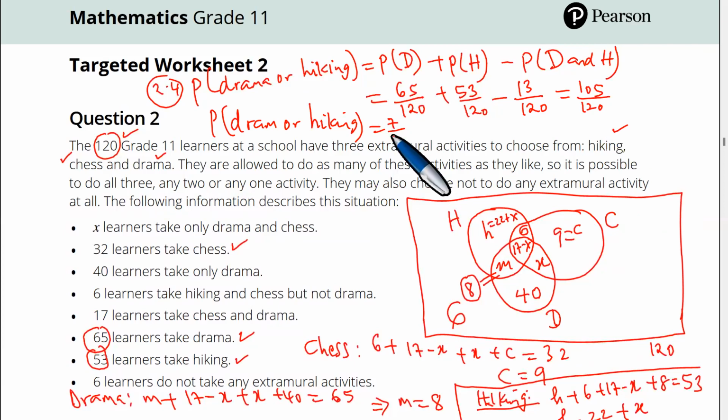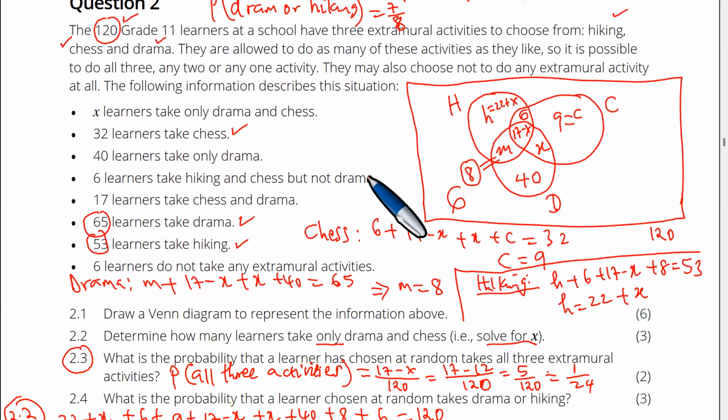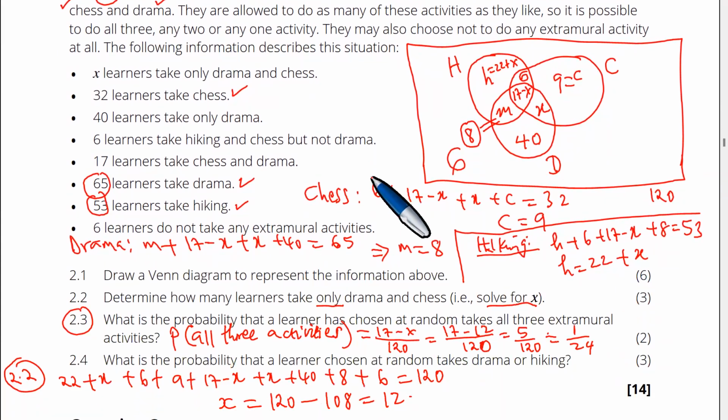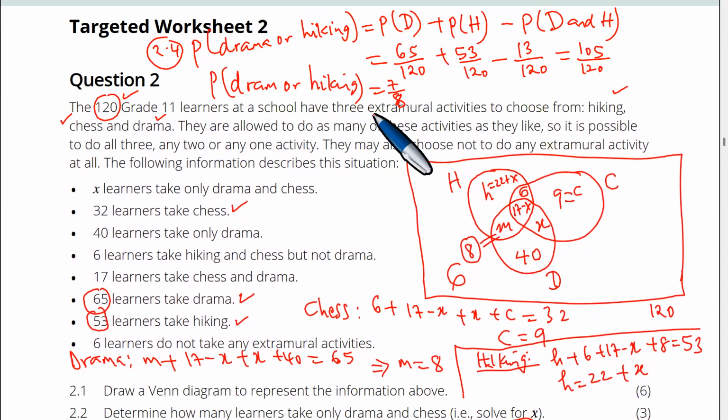So you have 7 out of 8. So in 2.4, what is the probability that a learner chosen at random takes drama or hiking? It's 7 out of 8.